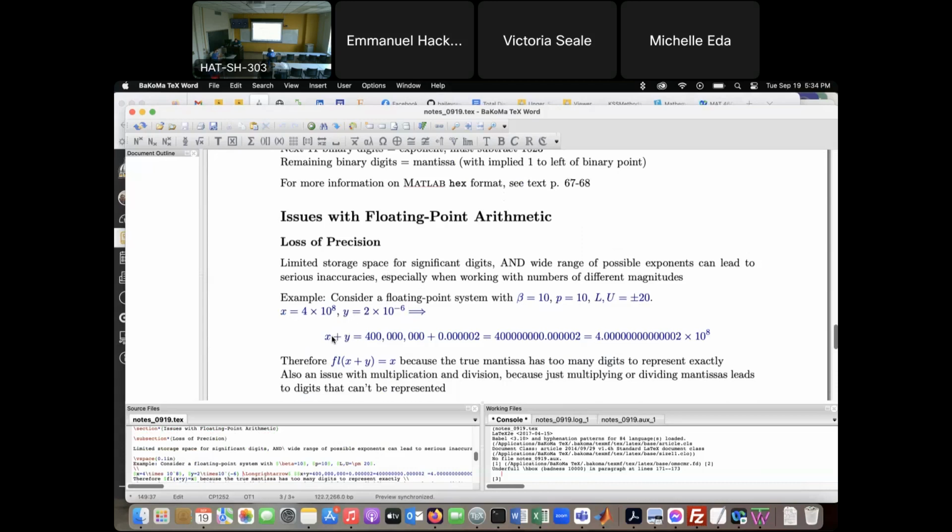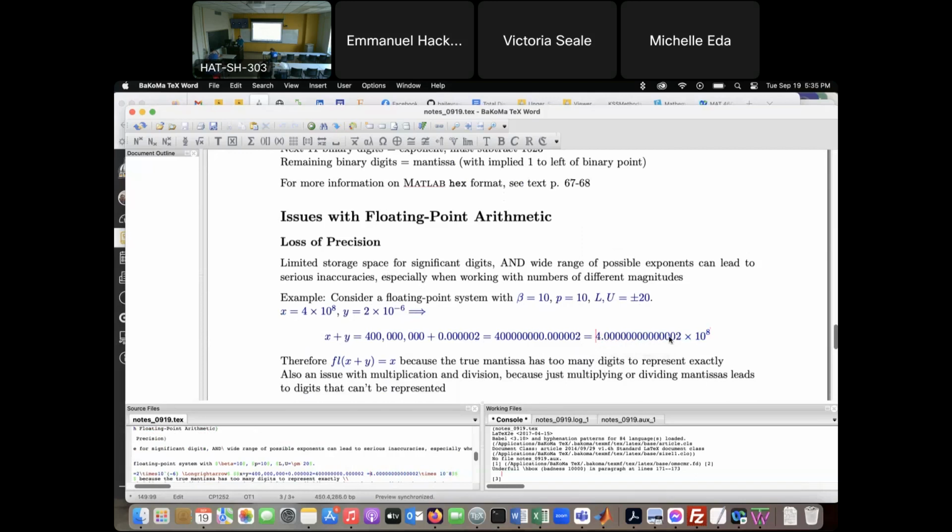So I go ahead and carry out addition, x plus y. We have 400 million plus 0.00002. What we have here is the exact result, but expressing it in scientific notation, that'd be 4.00002 times 10 to the 8th. But then we have to represent this in the floating point number system. Now the exponent is fine, but we only are allowed 10 digits of precision.